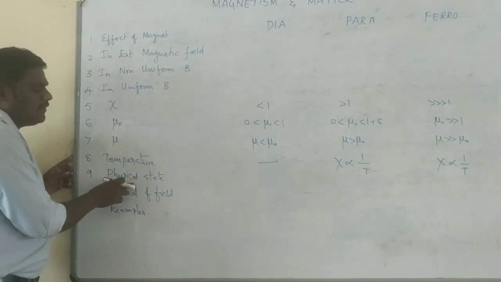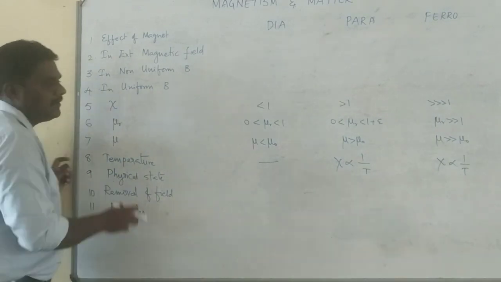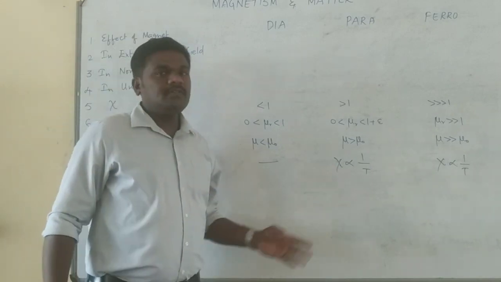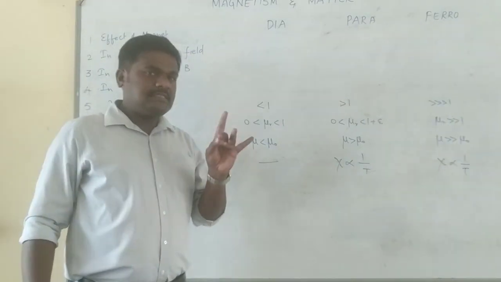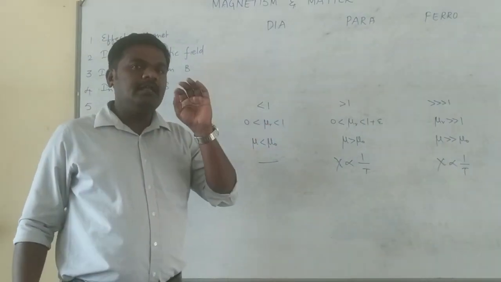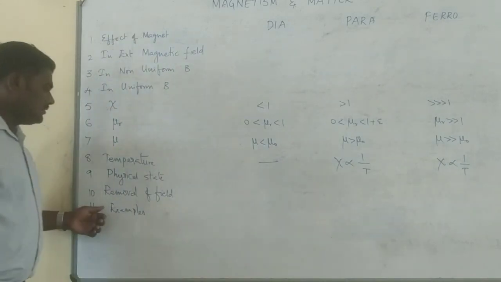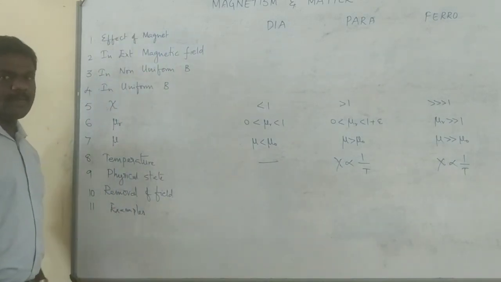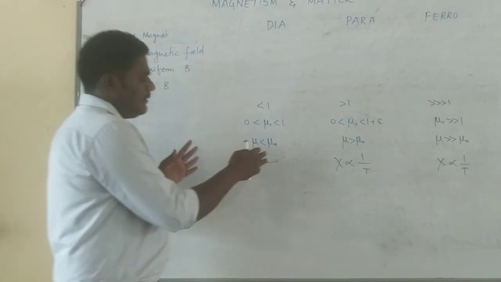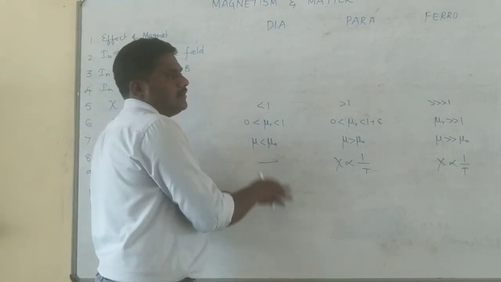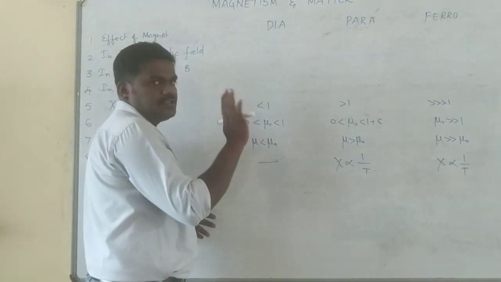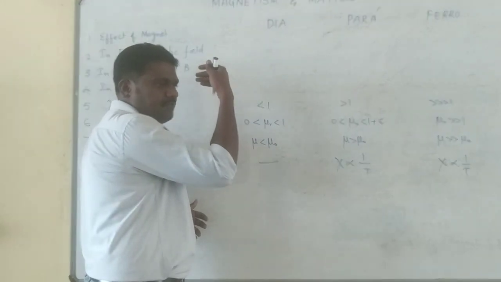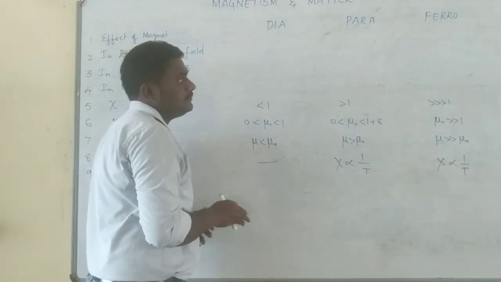Next one. In what kind of states will the substances be available? Dia and para are both available in solids, liquids and gases, but ferro is available only in solids. Then, removal of field is one more parameter I want to discuss. For dia, whether you apply the field or remove the field, the magnetization intensity will not change. There is no question of a magnetic field produced inside.